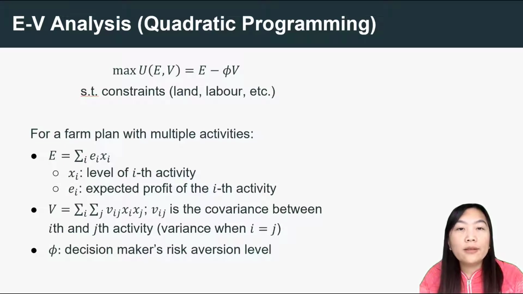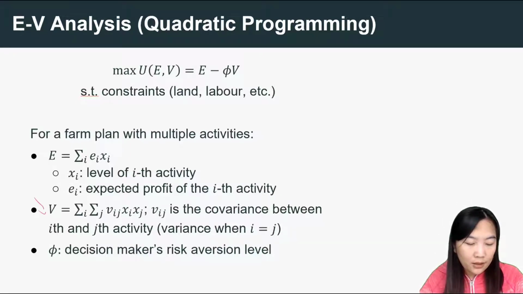XI is the level of the ICE activity, and EI is the expected profit of the ICE activity. And it's okay if you don't get it now, but later on we can come back to here.